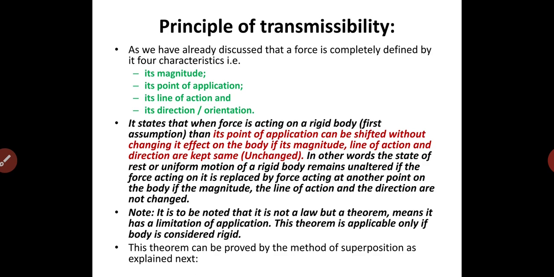As we have already discussed, force is completely defined by its four characteristics: its magnitude, its point of application, its line of action, and its direction or orientation. It is stated that when a force is acting on a rigid body, which is the first assumption of mechanics, then its point of application can be shifted without changing its effect on the body if its magnitude, line of action and direction are kept unchanged.